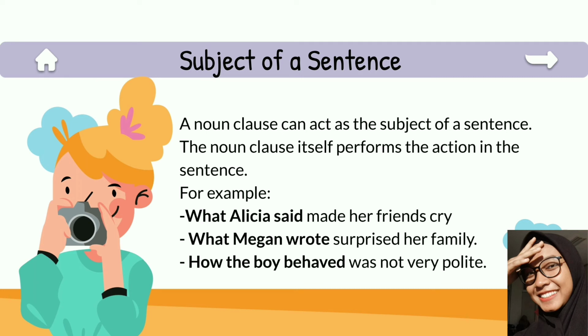As the subject of a sentence, the noun clause itself performs the action in the sentence. For example, what Alicia said made her friends cry. Here, what Alicia said is a noun clause that acts like the subject of the sentence.